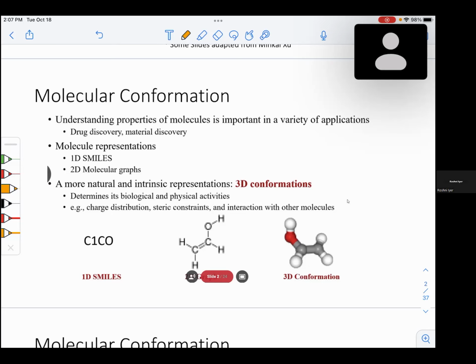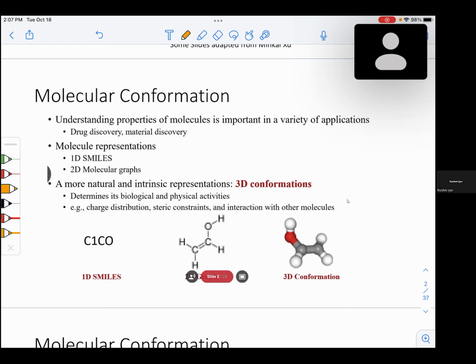where we have nodes distinguished by their node type, and we know how they are bonded together with which type of bond. However, a more natural or intrinsic representation for a molecule would be its 3D conformation, which represents each atom in 3D space by 3D coordinates, and also describes the potential edges, with possibly edge features, connecting them.